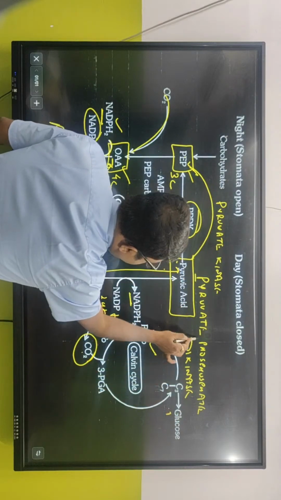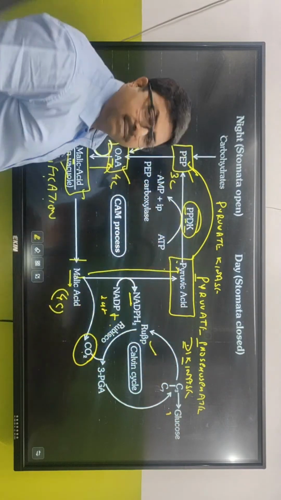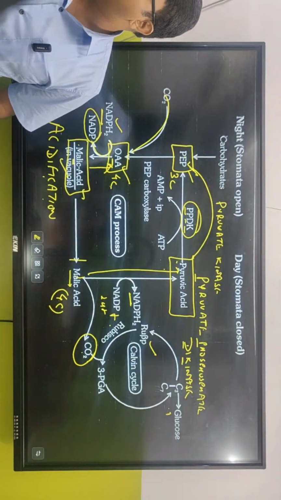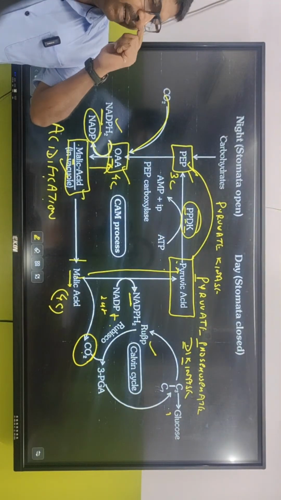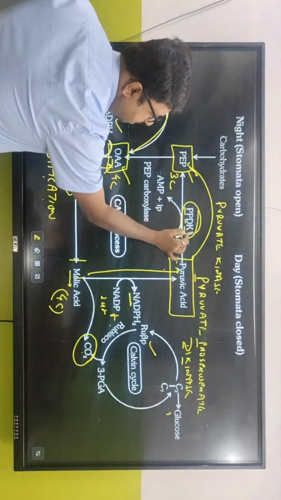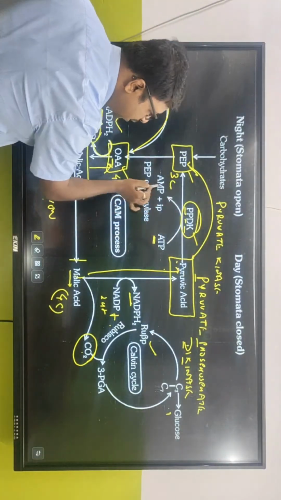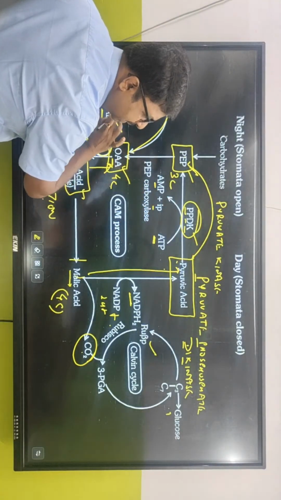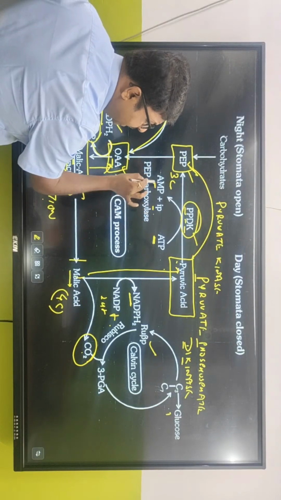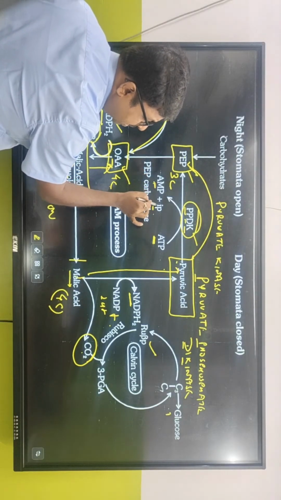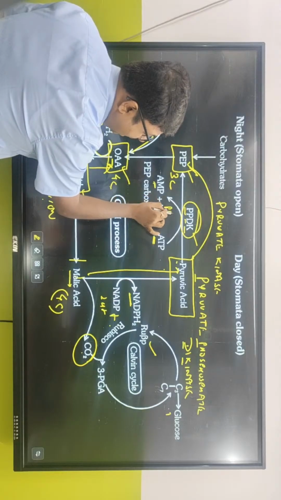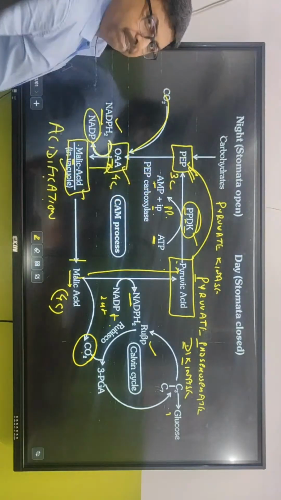That is why PPDK. This is the name of the enzyme. In the presence of this enzyme, one ATP gets broken down into AMP plus PPi. Not ADP plus Pi, AMP plus PPi, that is pyrophosphate. And ultimately it forms what? PEP.